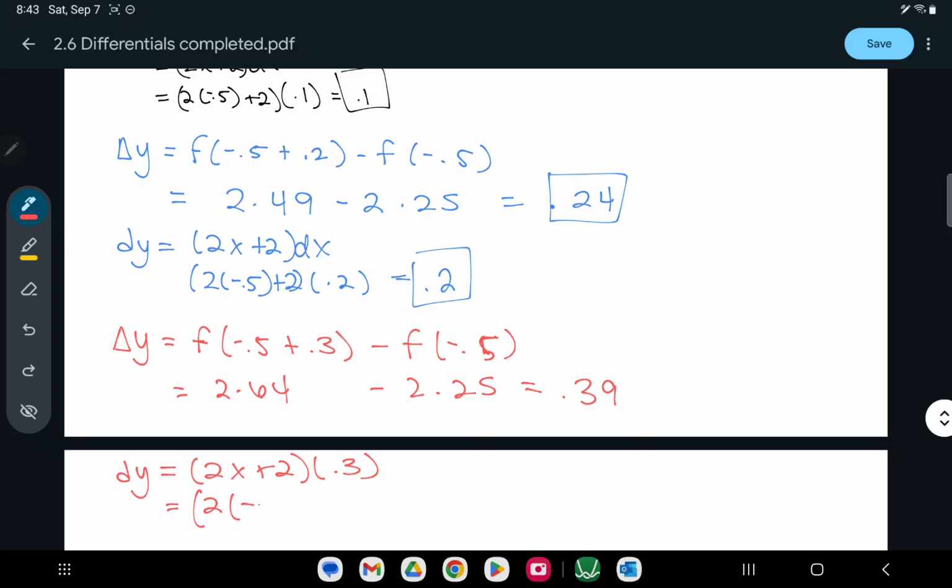So let's see, 2 times negative 0.5 times 0.3, and that gives me 0.39. So this one actually was close, like closer. So that's kind of cool.